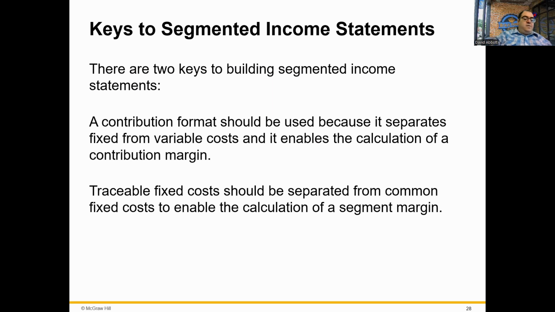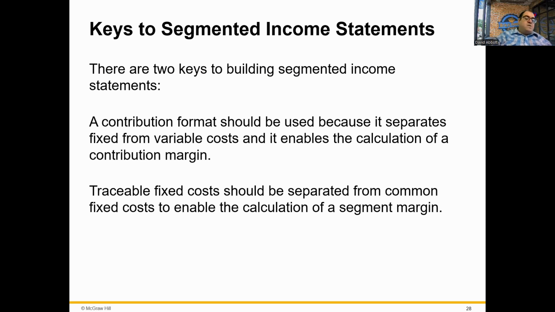There are two keys to building segmented income statements. First, a contribution format should be used because it separates our fixed from variable costs and it enables the calculation of a contribution margin.